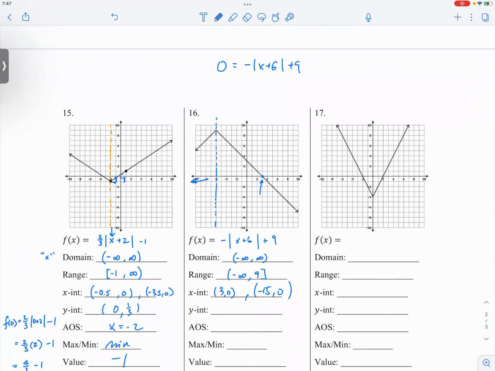I'm not going to do -9. I'm just going to move this whole absolute value over so that I don't have a negative to take care of. So you have x plus 6 equals 9, or x plus 6 equals -9. Make sure you put the or in between. So x is equal to 3 or x is equal to -15. That too would work.